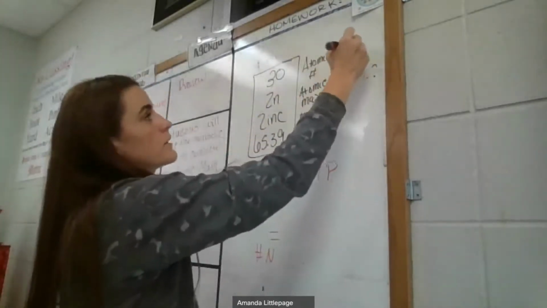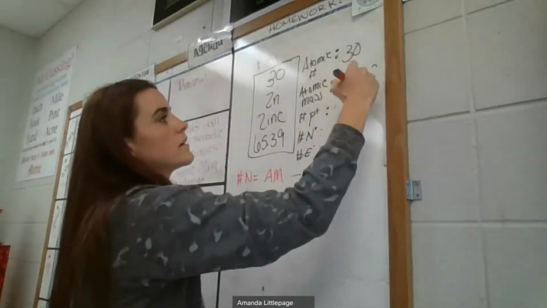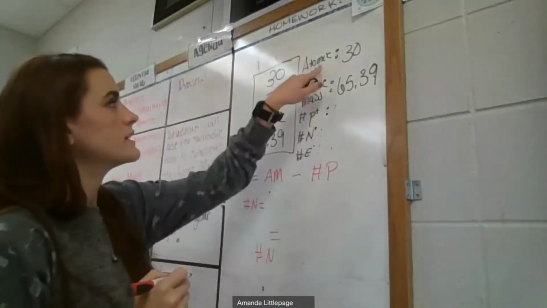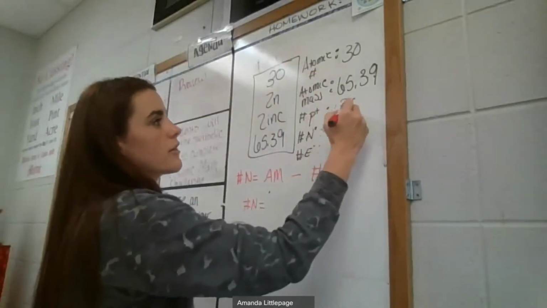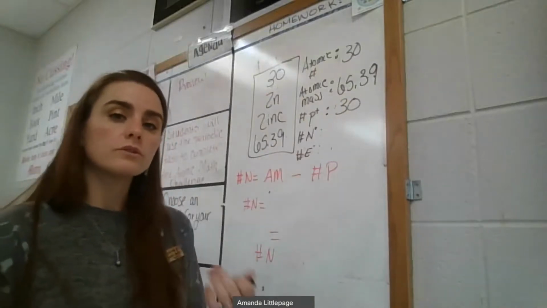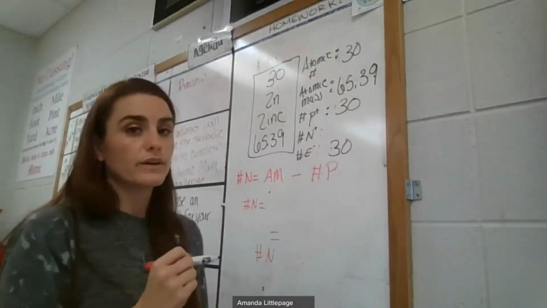The atomic number is 30. Atomic mass is 65.39. The number of protons is equal to the atomic number, so that's 30. In a neutral atom, the number of protons is also equal to the number of electrons. Again, that's 30.